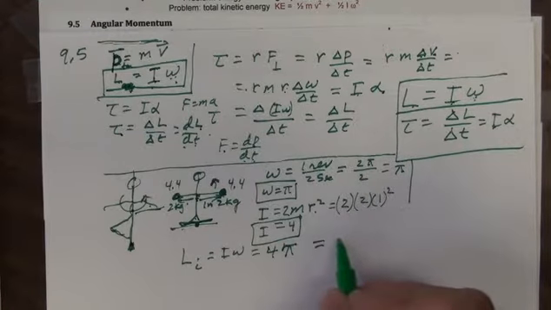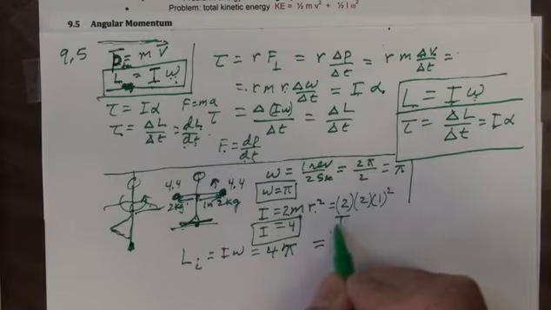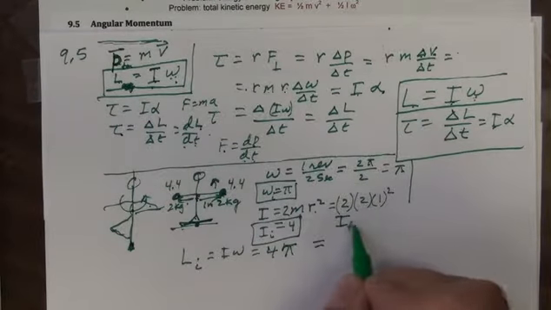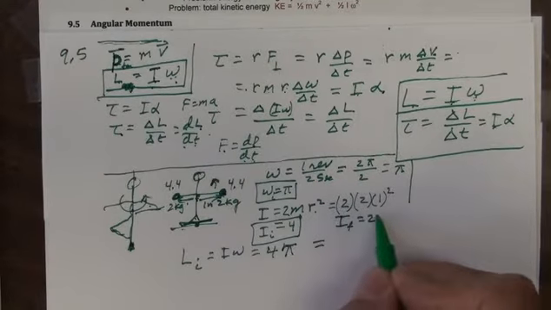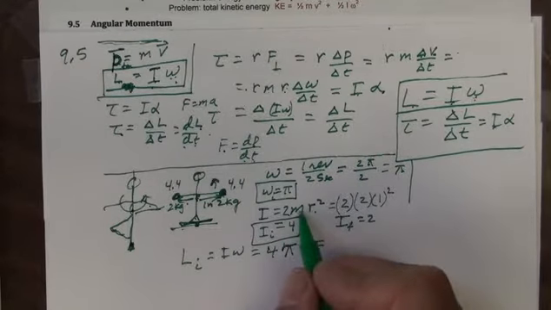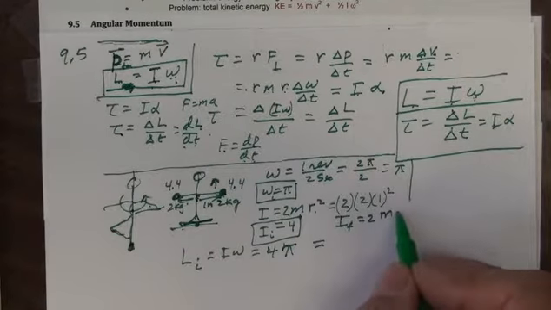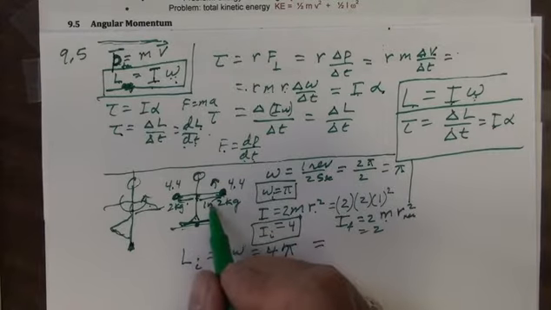So this must be equal to, what is our mass going to be now? Our new moment of inertia, this is the initial one. The final moment of inertia is going to be equal to, again, 2 times our mass, same mass, times our new r squared. So let's write that out as 2 times our mass.